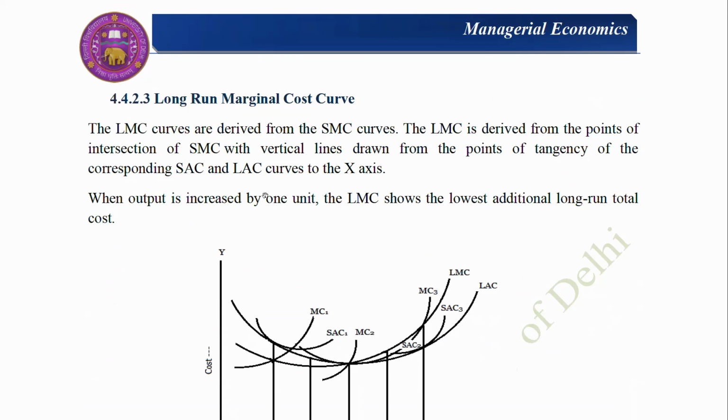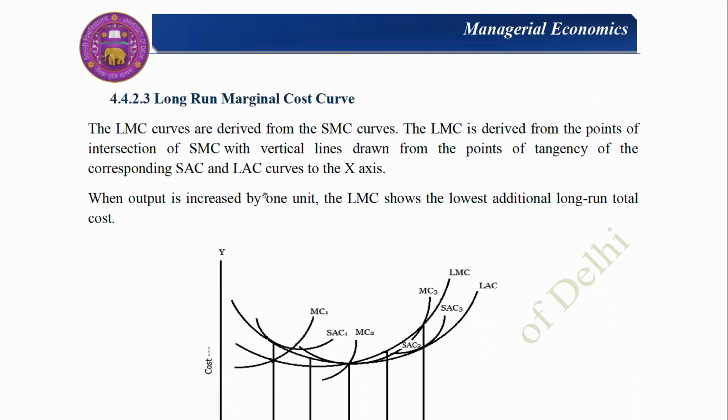4.4.2.3 Long run marginal cost curve. The long run marginal cost curves are derived from the short run marginal cost curves. The long run marginal cost is derived from the points of the intersection of short run marginal cost with vertical lines drawn from the points of tangency of the corresponding short run average cost and long run average cost curves to the x-axis.